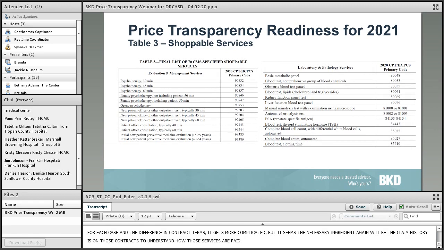And then when you think about surgical services, because of the variation in the services provided for each case and the difference in contract terms, it gets more complicated. But it seems the necessary ingredients, again, will be the CDM, your claim history, and then your contracts to understand how those services are paid.